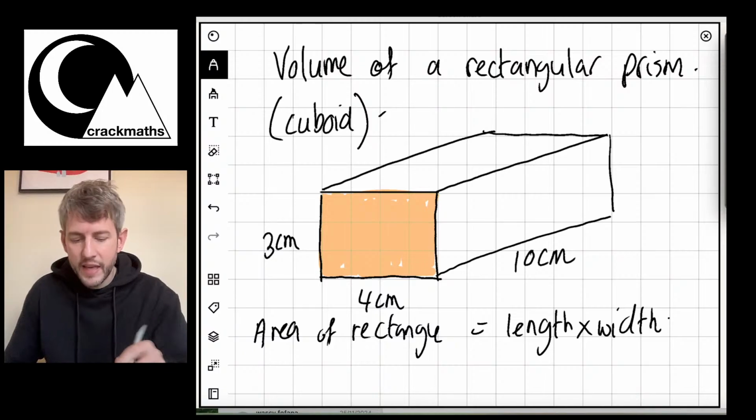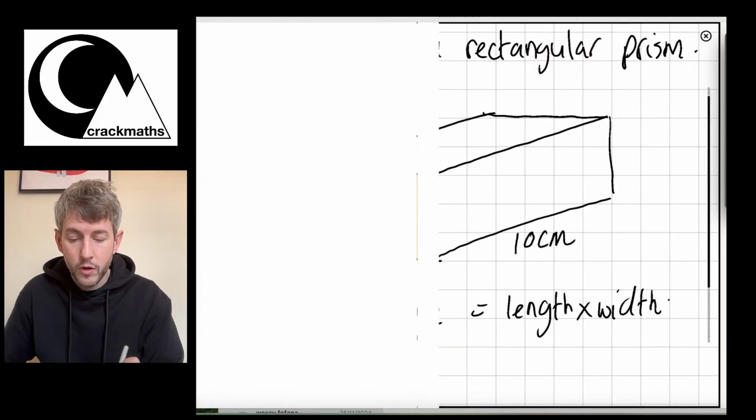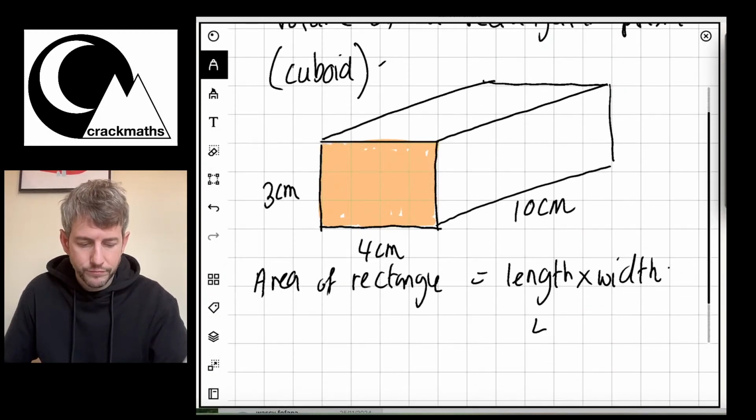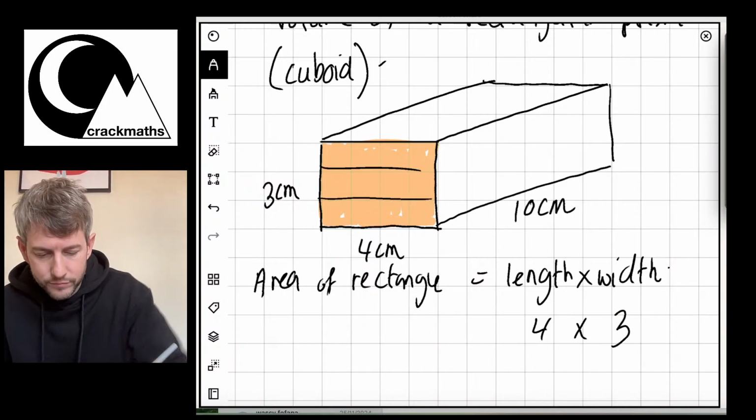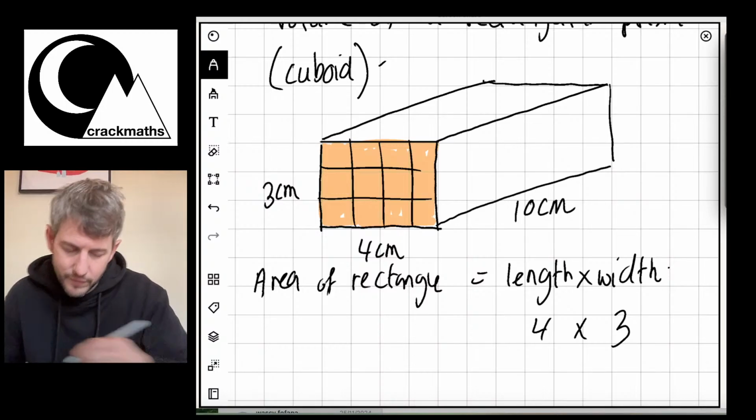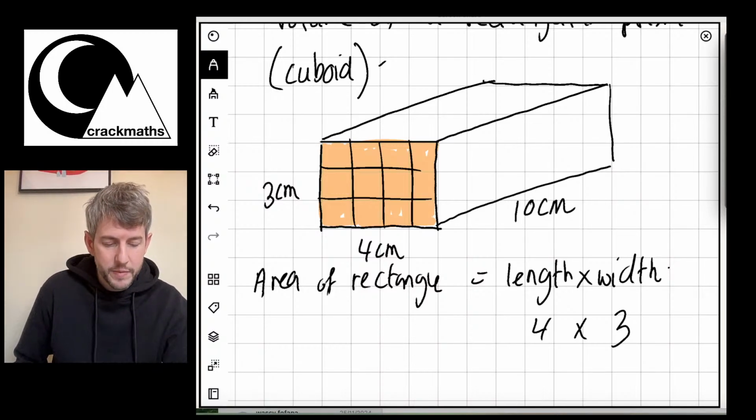Okay, so in this case it's going to be 4 times 3. Okay, we've got that here. So we can see that that's going to be 12 centimetres squared.